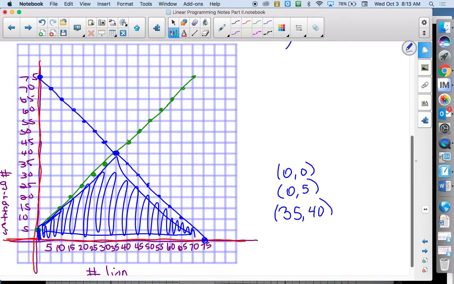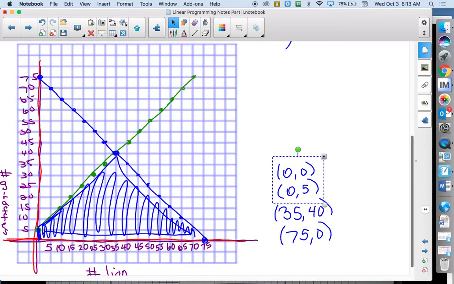And then the final ordered pair is when it's touching the x-axis at 75, 0. So I just looked at my graph, I got those 4 points where they were meeting, the 4 points they connected with another line.